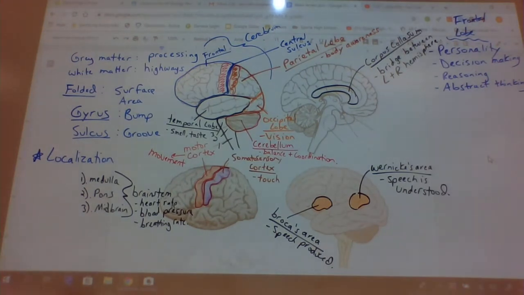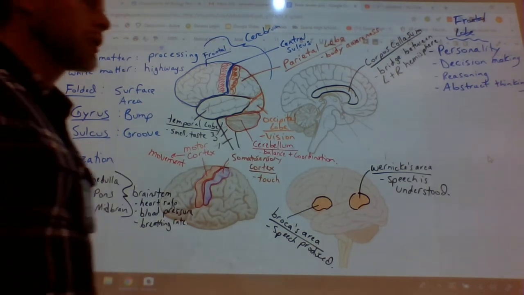We said most people who are right-handed, their left hemisphere is dominant. And we said the corpus callosum is the bridge that allows those two hemispheres to communicate. Do you think your corpus callosum is more gray matter or white matter? White. It's all white, right? Is your corpus callosum doing anything in particular? No, it's just allowing the two sides to communicate. So it's all white matter.